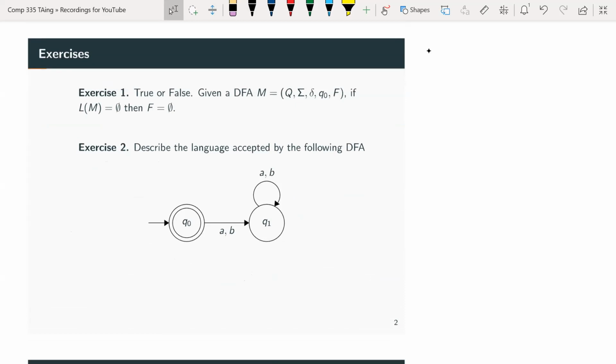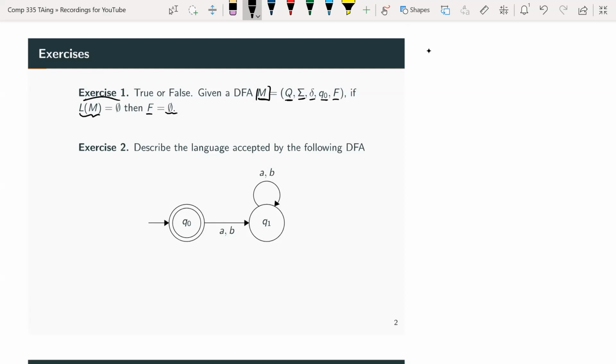So the first exercise here, exercise 1, is an infamous true or false question, where the statement that we want to see whether it's true or false is: given a DFA M with states Q, alphabet sigma, transition function delta, initial state Q0, and the set of final states F. If the language accepted by M, or L of M, is the empty set, that is, the DFA does not accept any strings, then the set of final states, so the set F, must be empty as well.